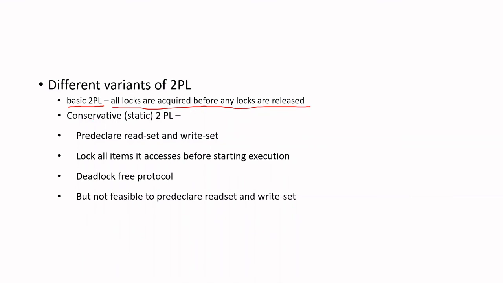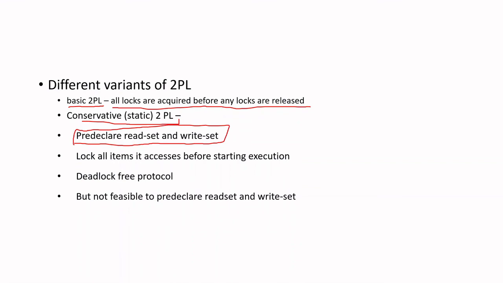And another variant is called the conservative or static two-phase locking. That is very restrictive in the sense that first you have to pre-declare the read set and write set. Pre-declare means in case of all transactions, we have to identify the read set and the write set. I hope you remember, read set is a set of items which are being read and write set is a set of items which are written in the case of a transaction.